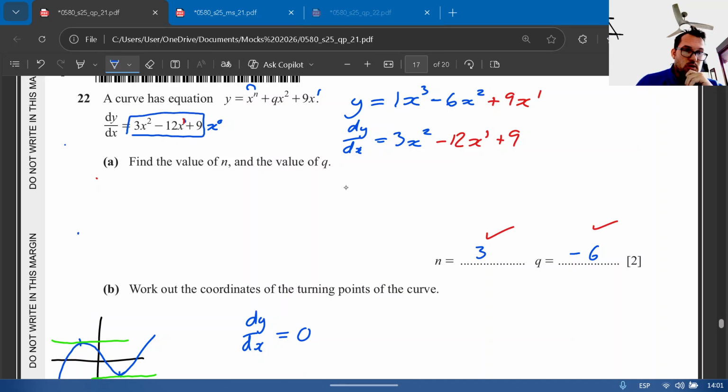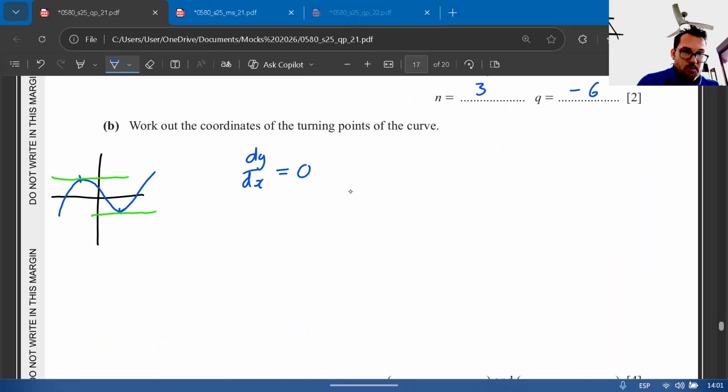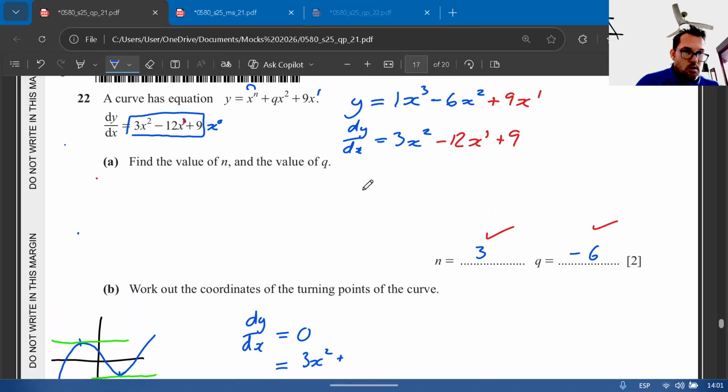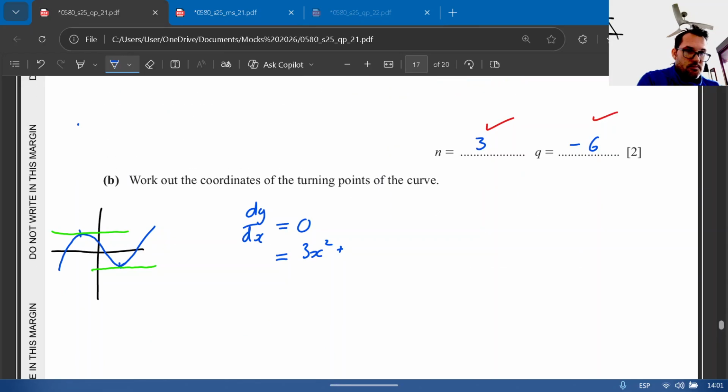So that needs to be equal to 0, so we can then say 3x squared minus 12x plus 9 equals 0.